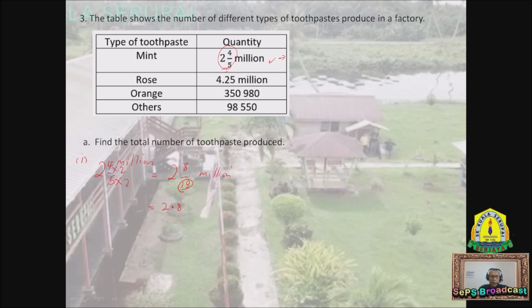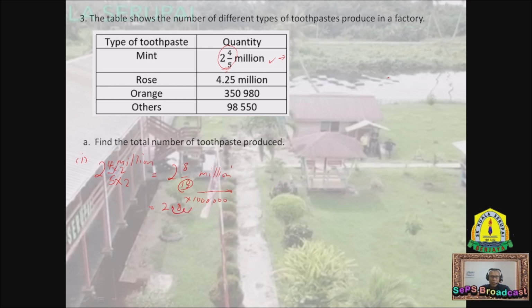But we need to convert it into a whole number. If it is a fraction of a million, we want to convert it to whole, we just multiply by 1 million. But you don't have to write it in the standard method. You just move the decimal to the right 6 times. 6 times, because a million has 6 zeros. So we move 6 times.